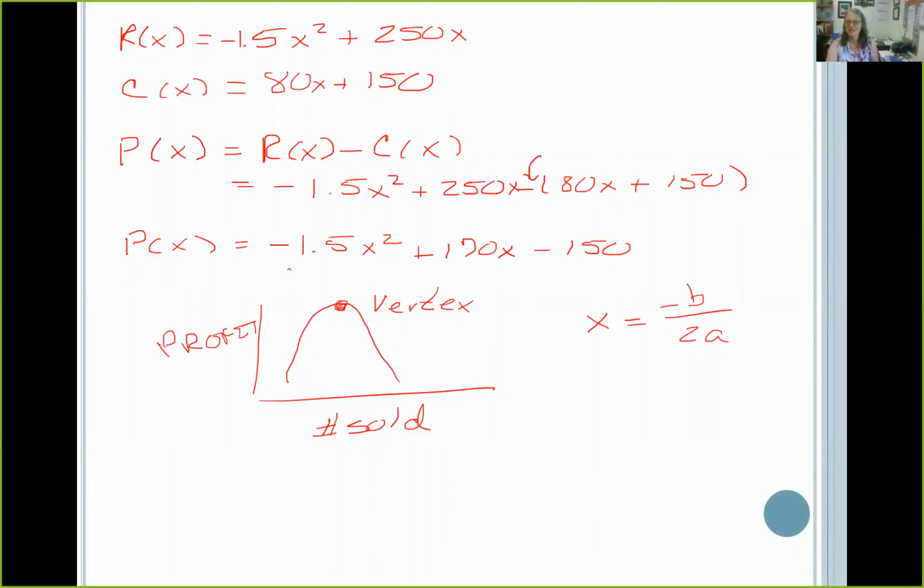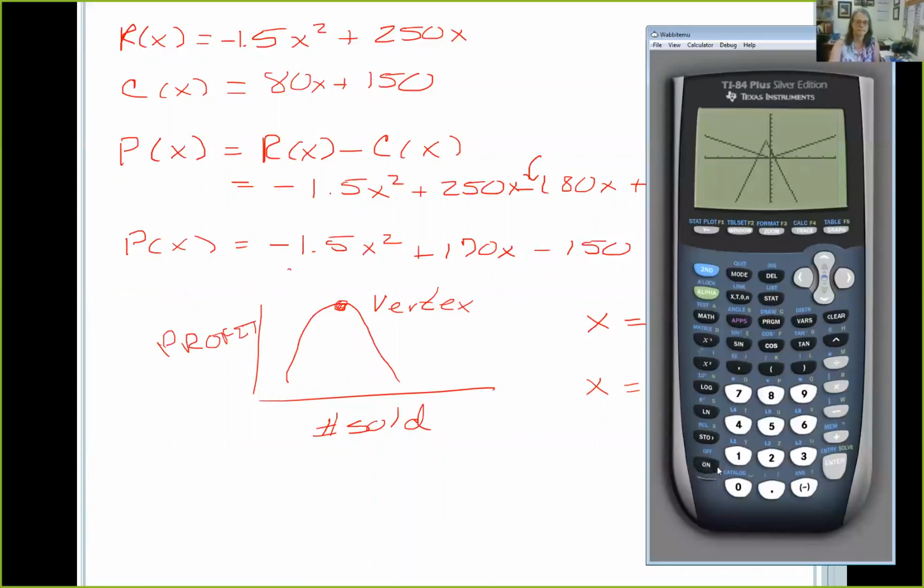So x is negative 170 over 2 times negative 1.5. Let's pull out my calculator: negative 170 divided by parentheses 2 times negative 1.5. I could have just put in 3.